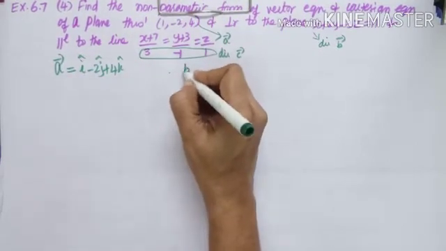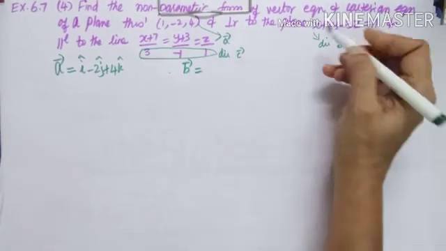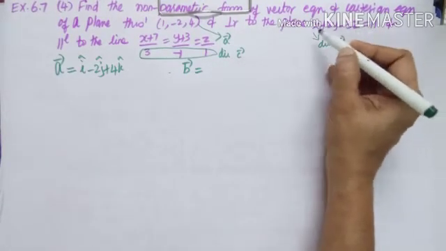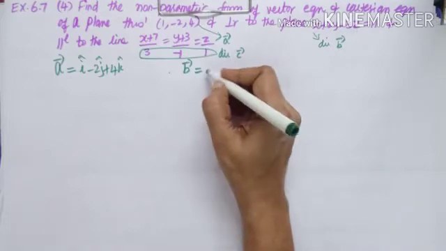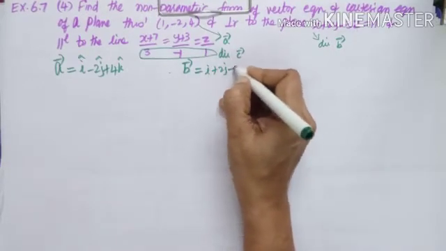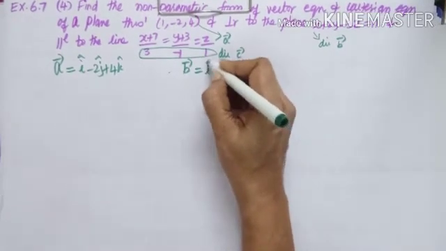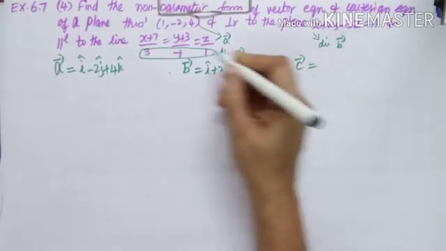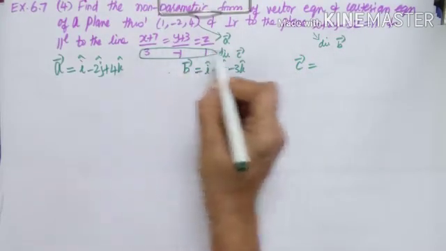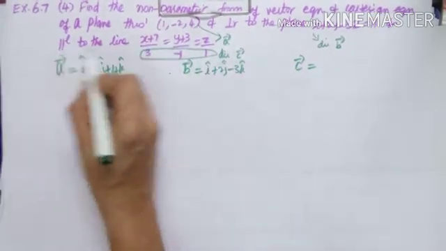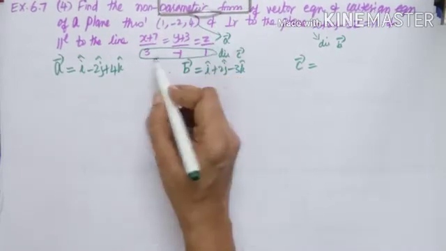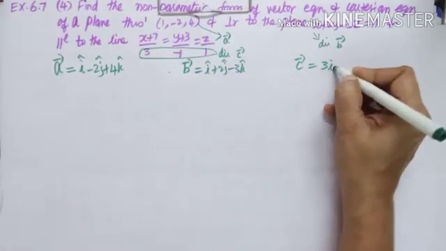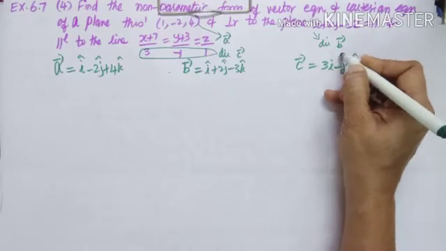And B vector, it is the direction. Instead of x, y, z, remember to put i, j, k. i plus 2j minus 3k. And C vector equals, the denominator tells me the direction in case of line in Cartesian form. So 3i minus j plus k.